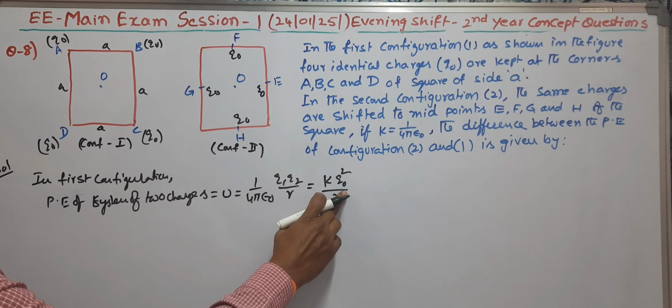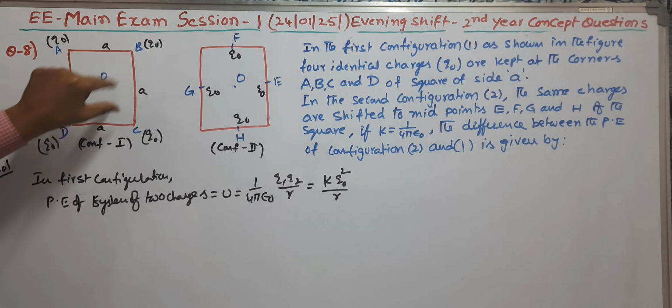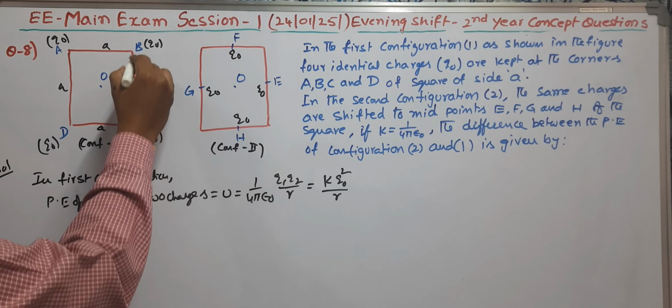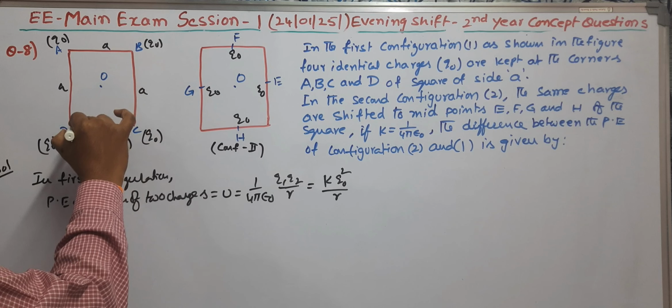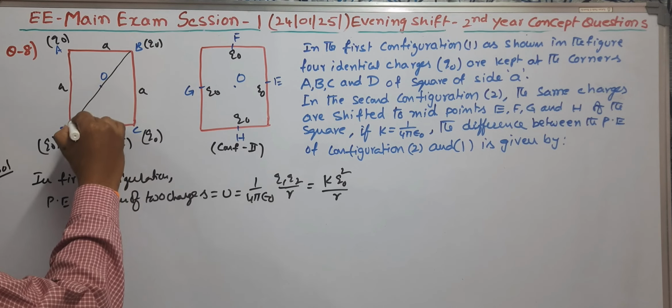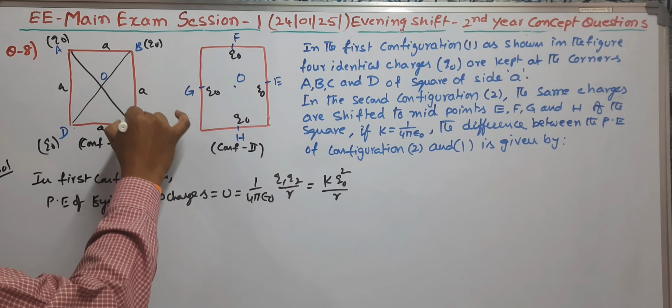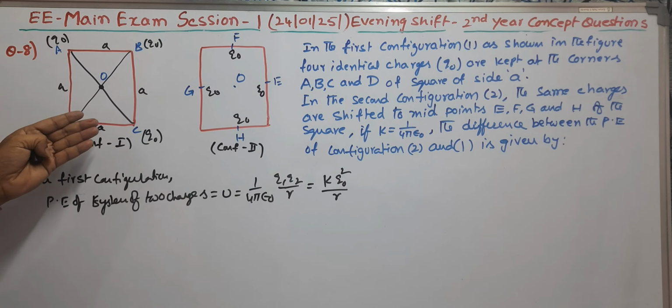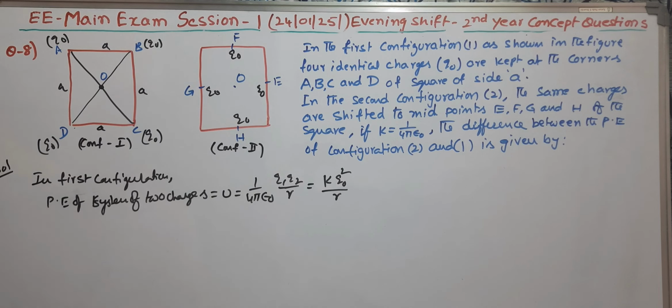Similarly for BC, CD and DA. This is the system, that means D and B are also at some distance, A and C also at some distance. So, how many combinations of the system of charges are there? There are 6 combinations. So, what is the total potential energy?